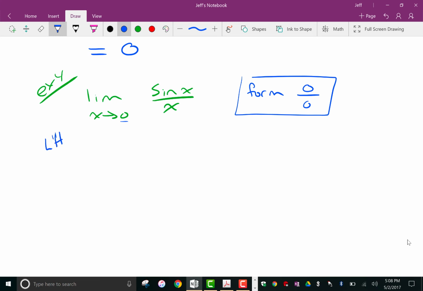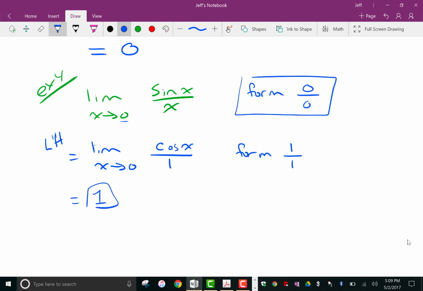It says this is the limit as x approaches 0 of the derivative of the sine, which is the cosine, divided by the derivative of x, which is 1. Now, as x approaches 0, the cosine of 0 is 1, and the denominator is 1. So this is a determinate form, and the limit is equal to 1.